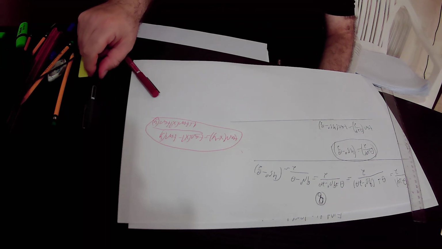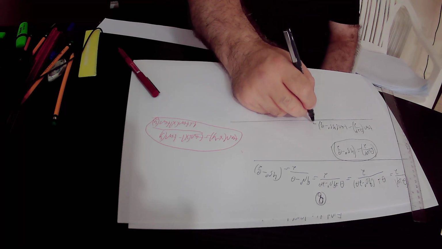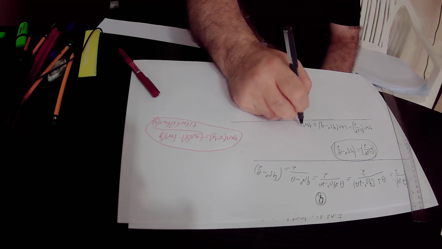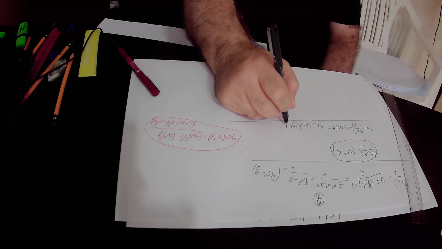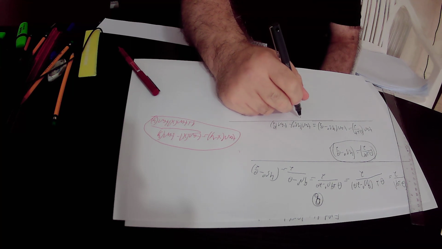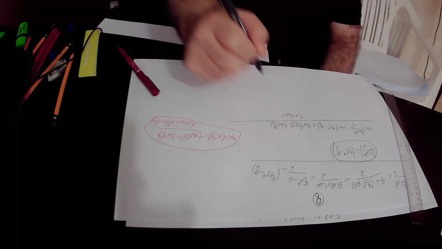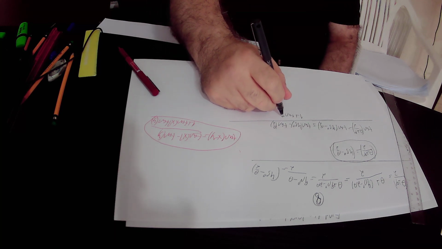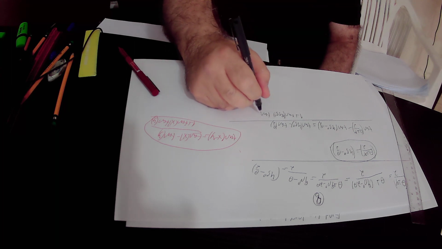According to this trigonometric identity, we will get that tangent 45 degrees minus theta over 2 equals tangent 45 degrees minus tangent theta over 2 over 1 plus tangent 45 degrees times tangent theta over 2.